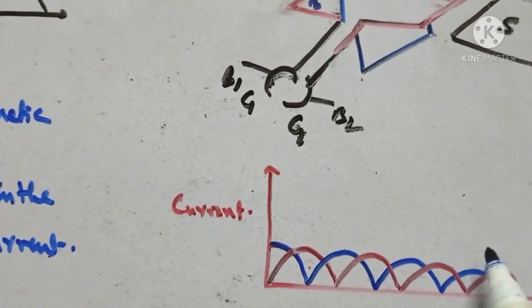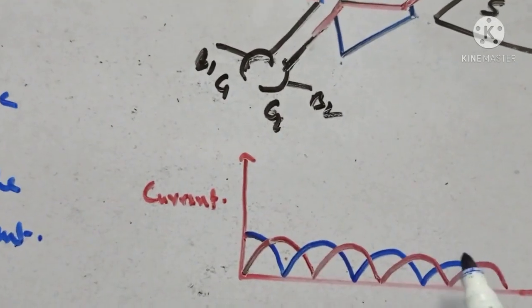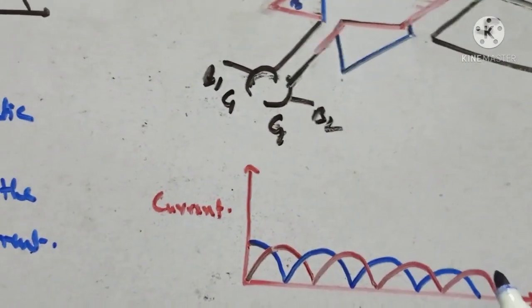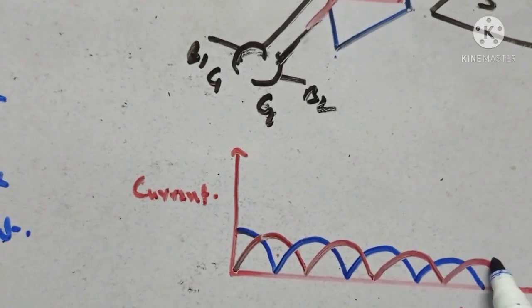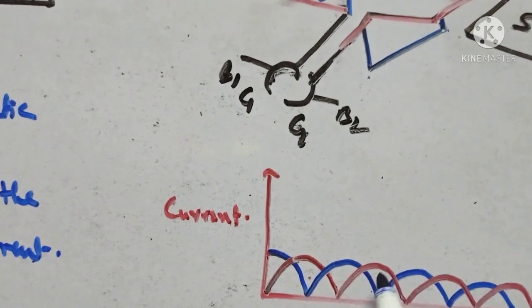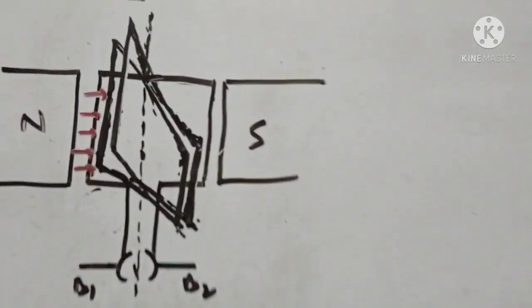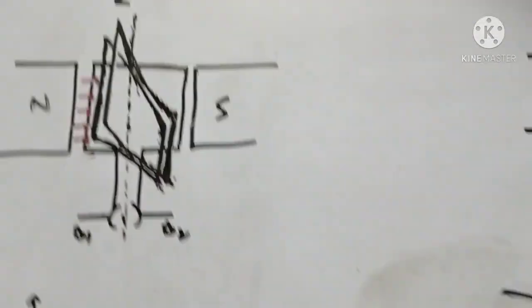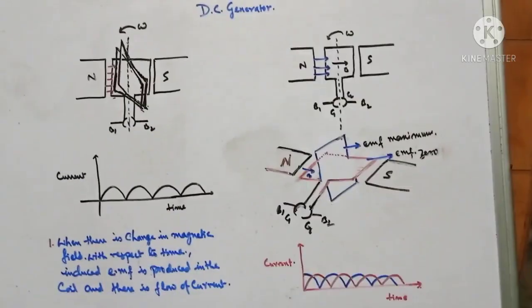To make it fully unidirectional, we have to fit a capacitor to close these gaps. This is how a DC generator works. This is the whole figure I have given you.